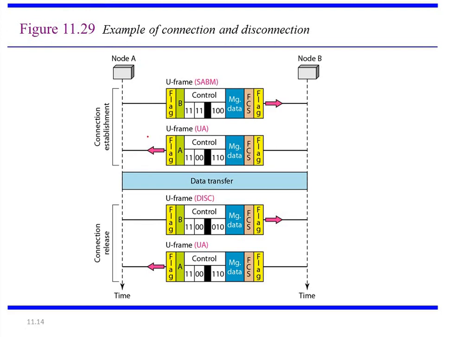So the code will be like this. Flag, then the address of B, simply written B because it is the address of B. Then the code is 1111, kept as it is, and 110, so it will set asynchronous balance mode and management data and all the information is set, and it will set the information OK, unnumbered acknowledgement, and the connection is established.